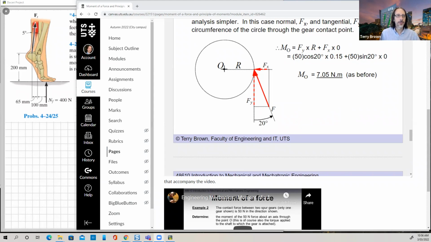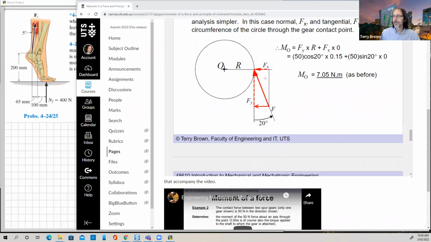If you're going to draw it like that, the horizontal component looks like it's offset from point O. So you might be tempted to try and work out a distance. It may seem obvious or silly to do that, but your component down here is indicating that it's offset from point O when it isn't really.